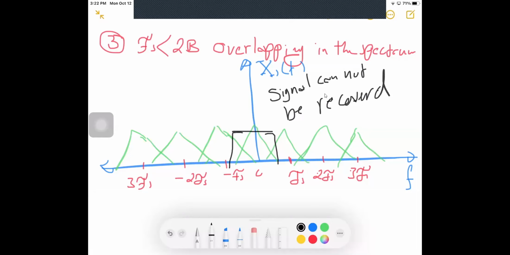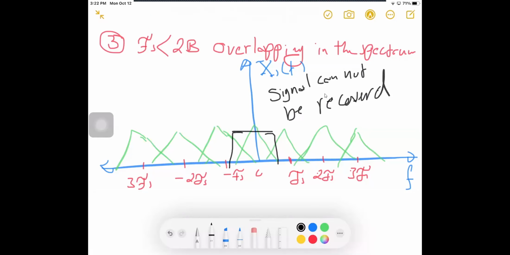And in the third case, when fs is less than 2b, it leads to overlapping in the spectrum, and in such a case the original signal cannot be recovered. Up to this point, do we have any question?